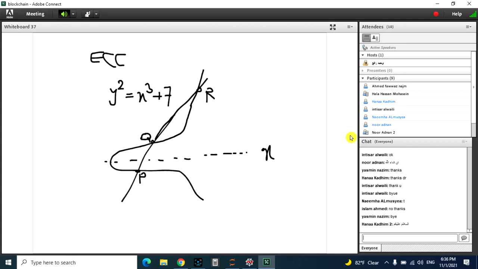For example, here in this line, P plus Q is equal to R.